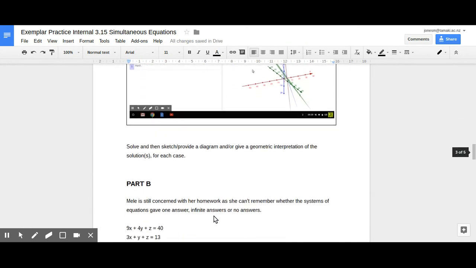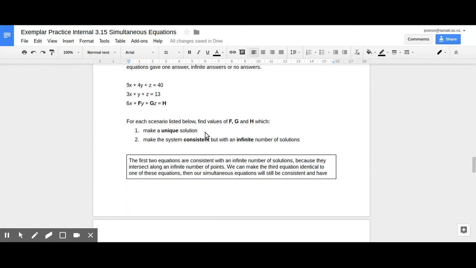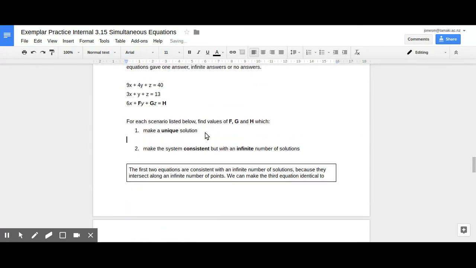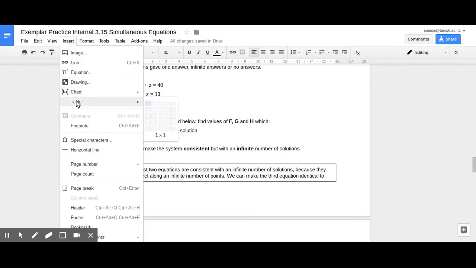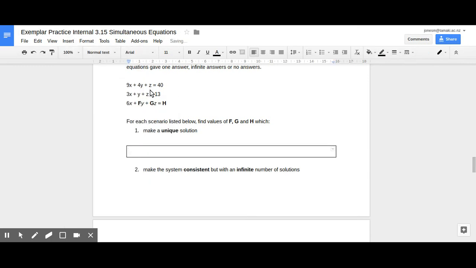Alright, now I'm going to go back to the first part, make a unique solution. What I'm going to do here is try numbers, these are just random numbers.